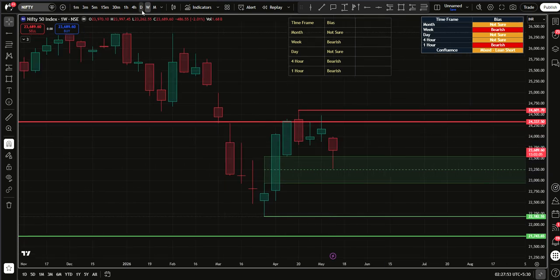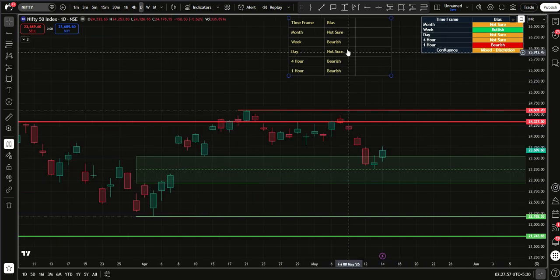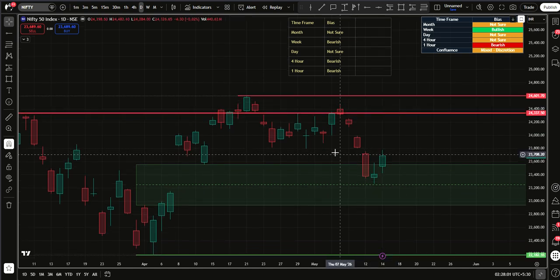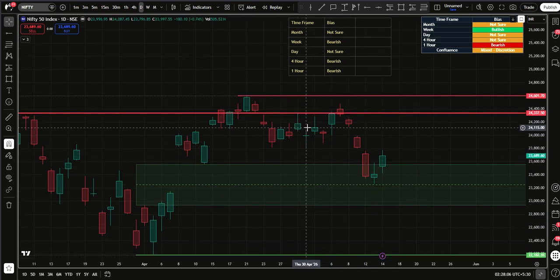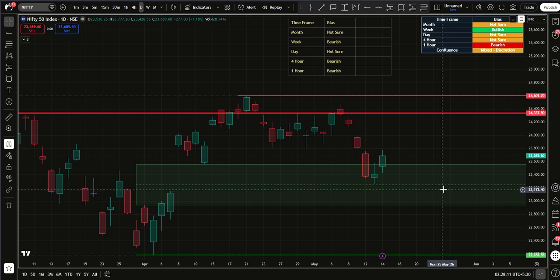So moving on to the daily time frame. On a daily time frame, yesterday was not sure. What about today? It is not sure because this is a swing low, this is a higher low, and that was invalidated. This is a swing high, that's a swing high. Doesn't mean anything. I need a lower high.